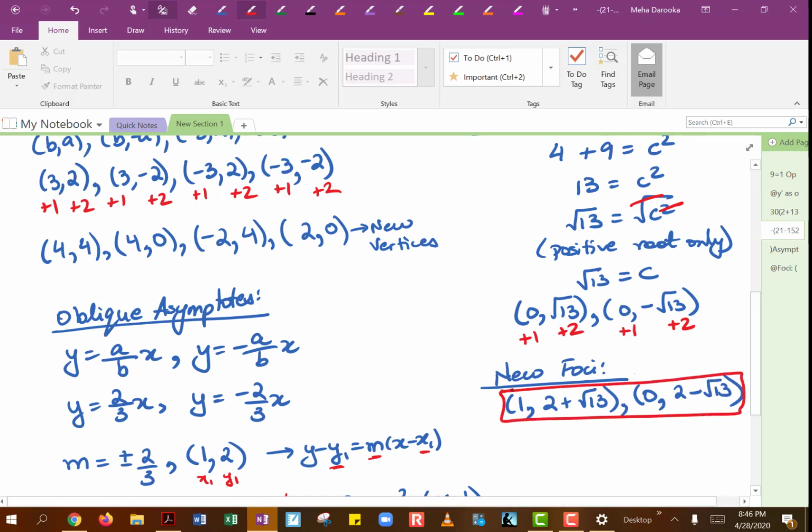But let's see approximately where these points are going to fall. So we have 2 plus square root of 13.